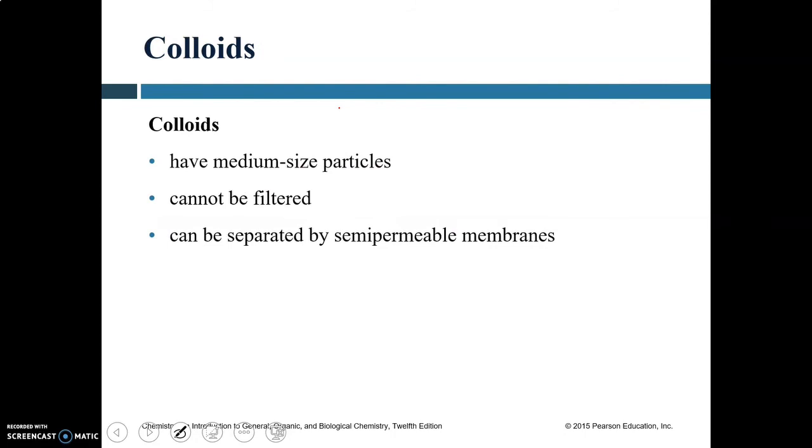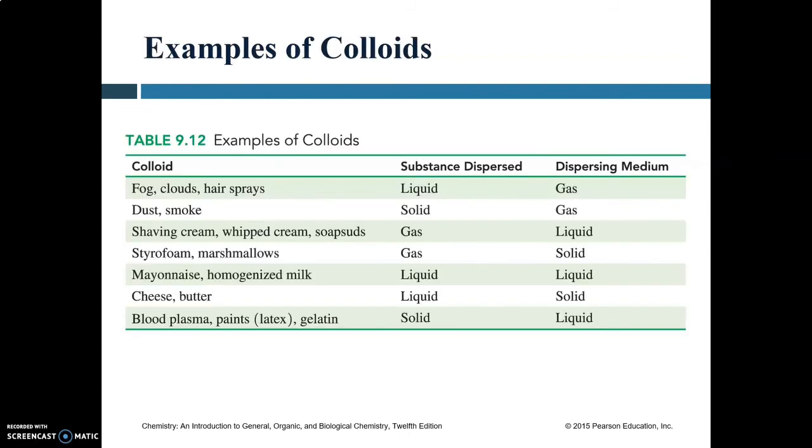Like solutions, colloids have medium-sized particles. Colloids, just like solutions, cannot be filtered. However, colloids can be separated by semi-permeable membranes. So here are some examples of colloids: plasma, butter, liquid and solid.